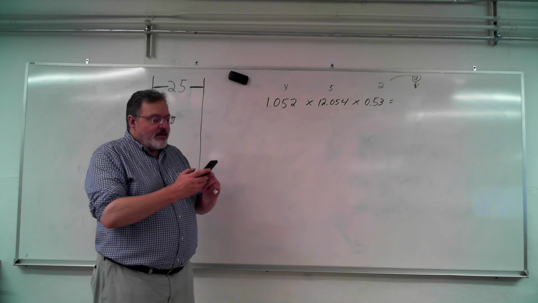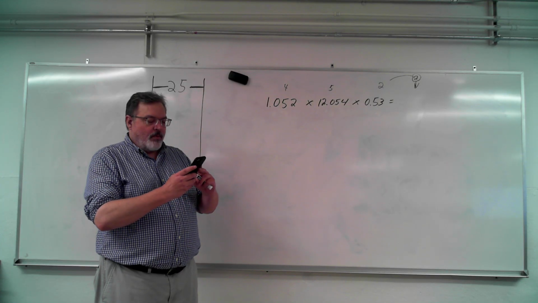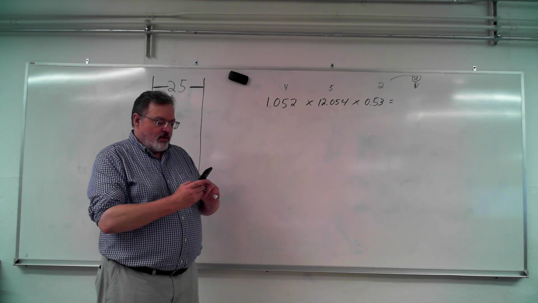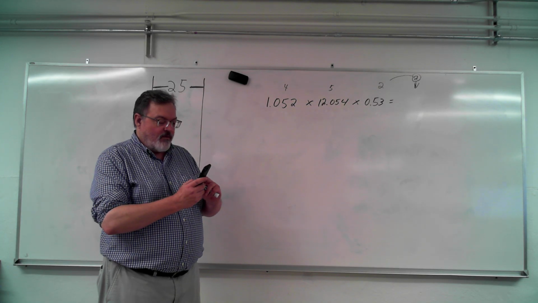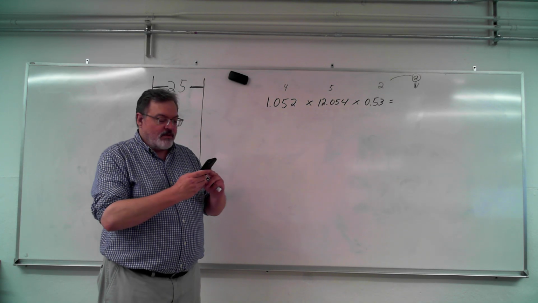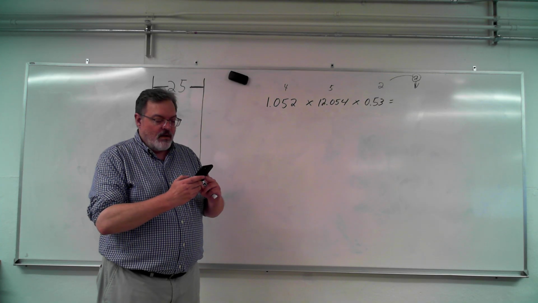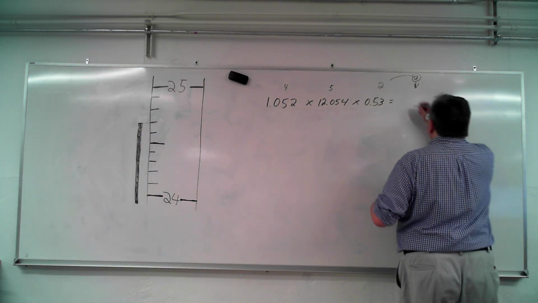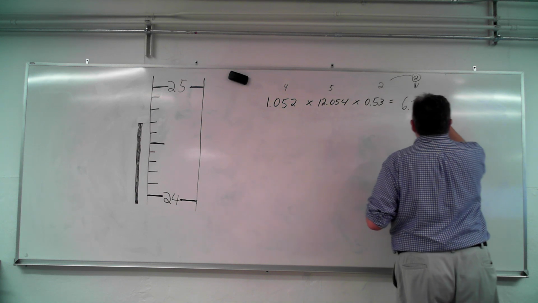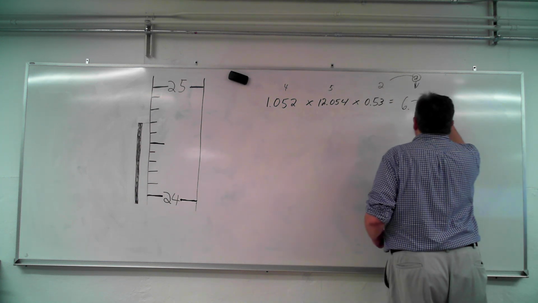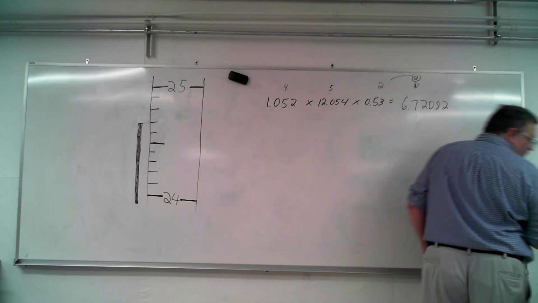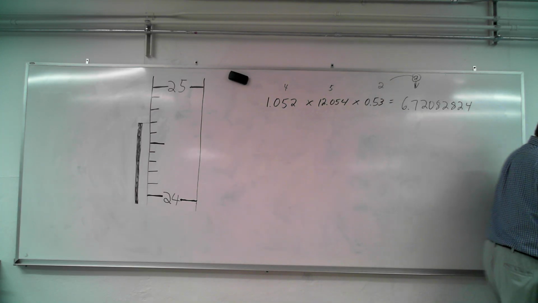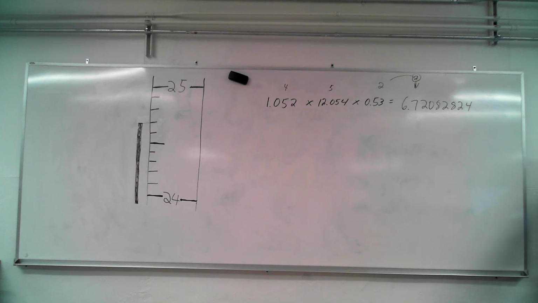But okay, so the way I do this is I would go 1.052 times 12.054 times 0.53. All right, my calculator says... So I just wrote down everything my calculator gave me.